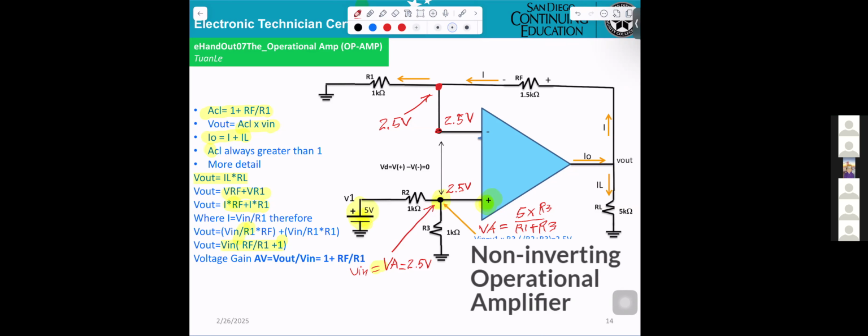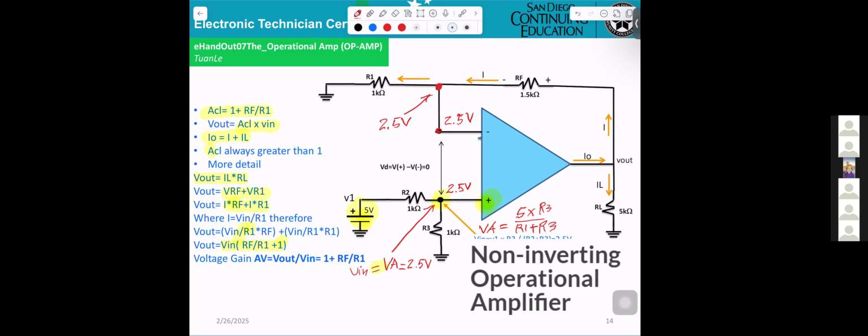Okay? And the current I out, IL, you add them up, same thing like non-inverting. Let's see, IL, plug it in. ACL is always greater than 1. You know that, right?